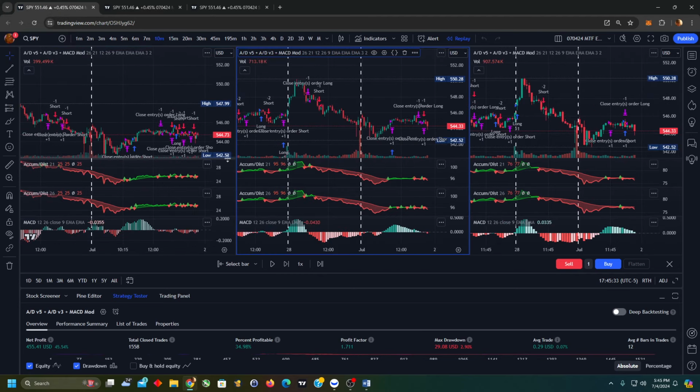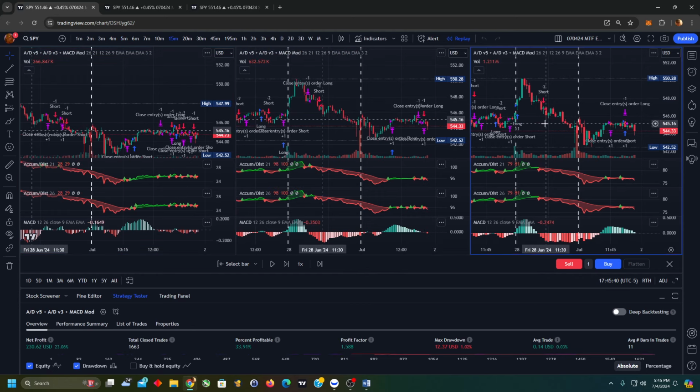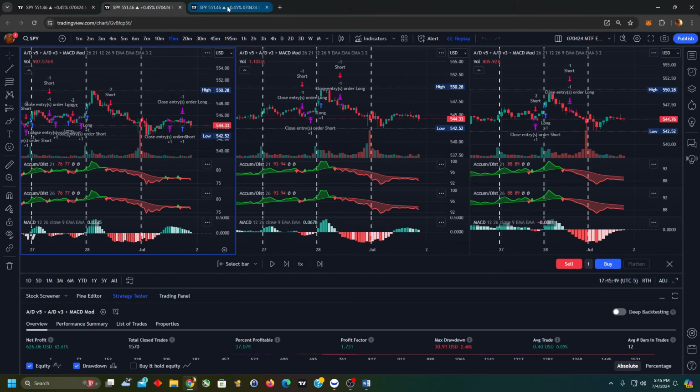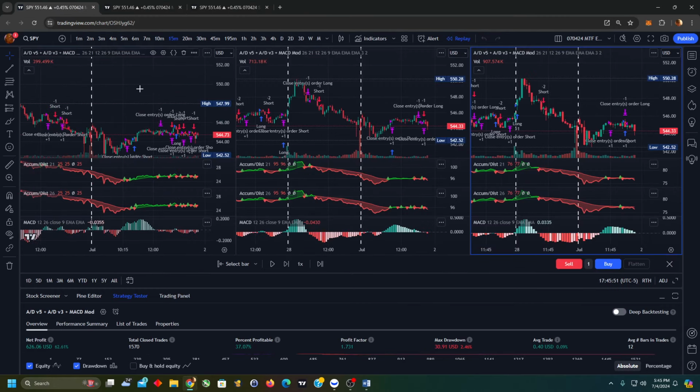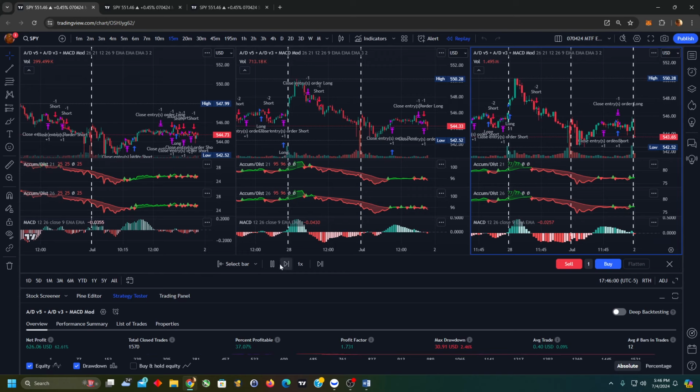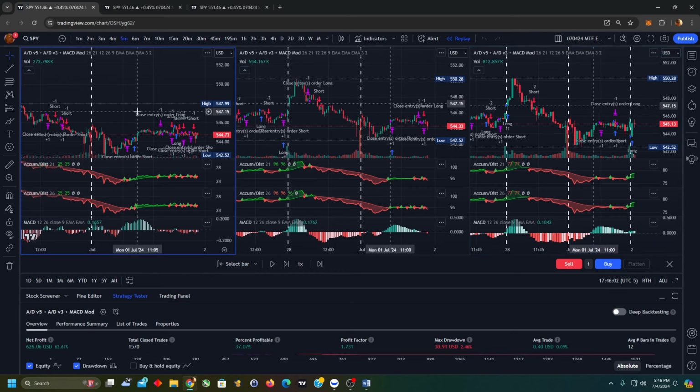Obviously it's not going to sync perfectly because there are three 5-minute bars in one 15-minute bar, but I think you should be able to see what I'm talking about. So we'll start on the 5. Oh, my bad. The 5.